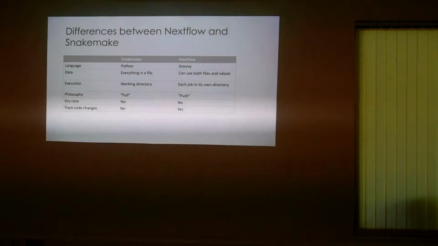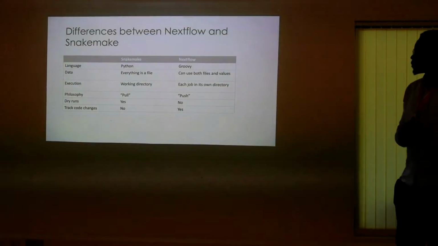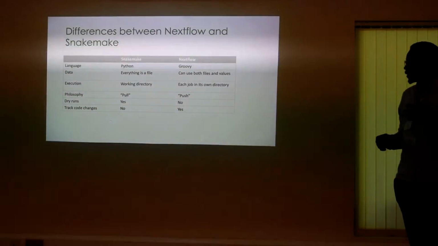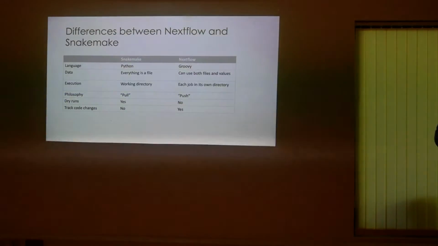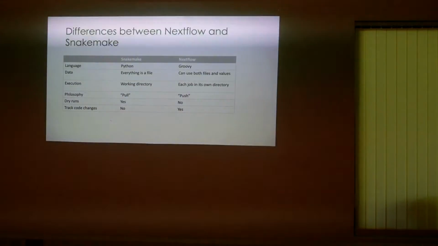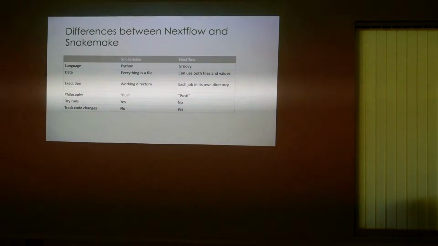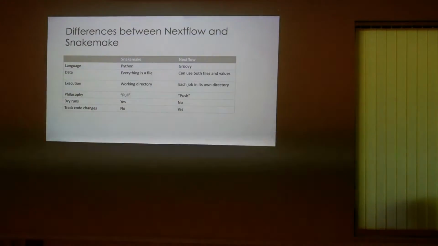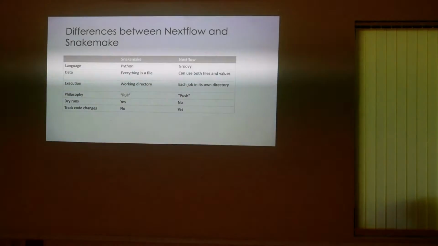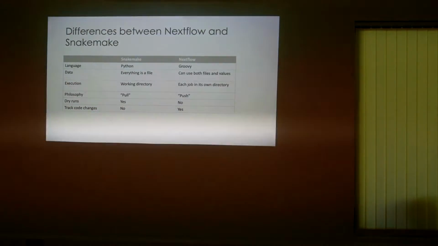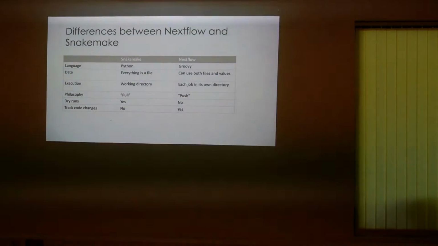Now, here I highlight differences between Nextflow and Snakemake. So Snakemake as a workflow management system is built on Python. So most of the syntax that you have seen in Snakemake is based on Python programming.